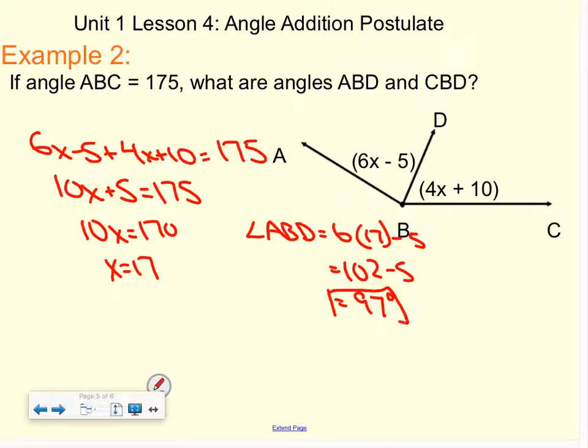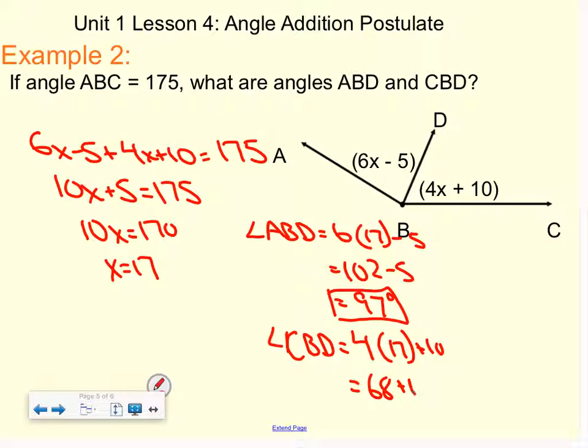Alright? And now the other one, CBD. We're going to do the same process. This time we've got 4 times 17 plus 10. 4 times 17 is 68, plus 10 makes for 78. If I need to, I can add these together and check. 97 plus 78 is 175.